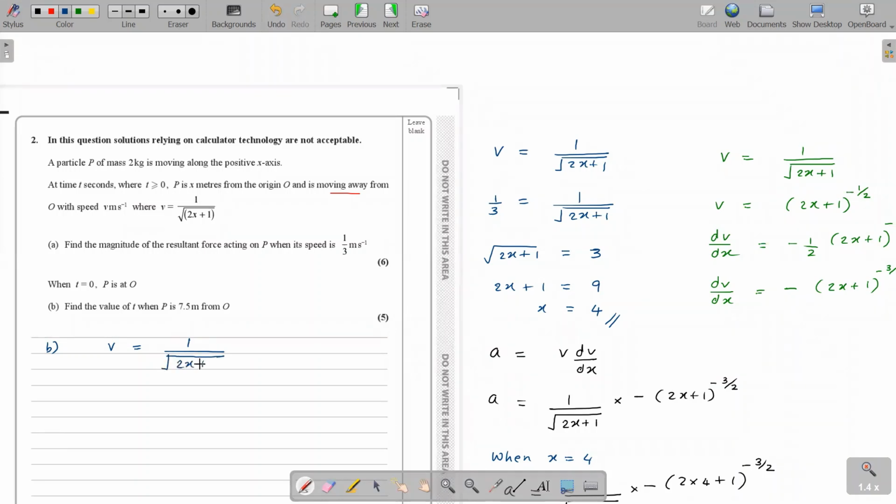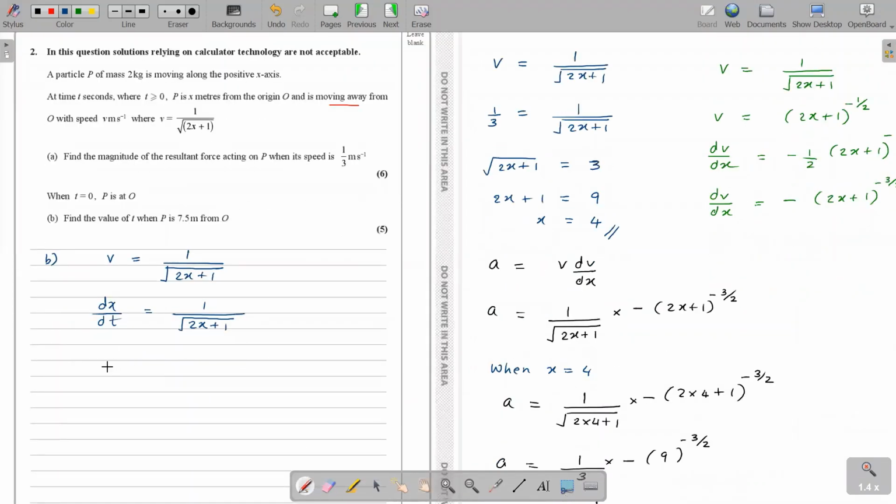This is 1 over root 2x plus 1, and then you can replace the velocity with dx by dt, because we know velocity is dx by dt. There's only one equation that we use for velocity, v equals dx by dt. After you come to this point, it's time to separate variables.